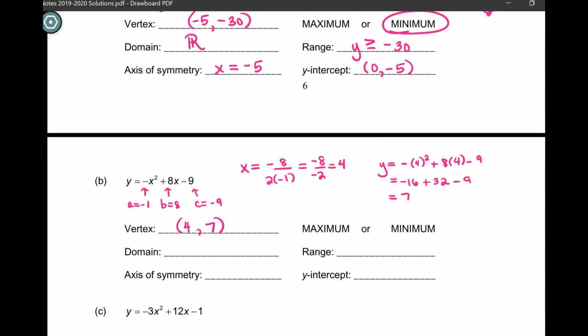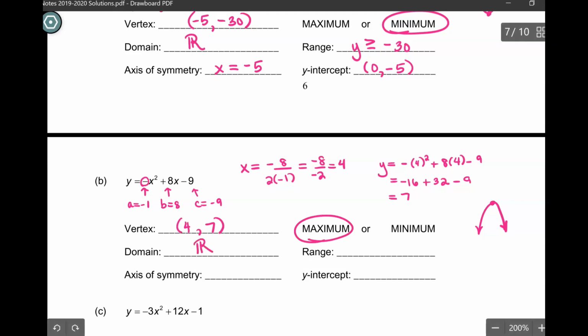Okay, this one has a negative. So I know when it's negative, it's going to be pointing downward, which makes the vertex a maximum. Domain is all reals. The range, it's pointing down, so it's going to be y is less than or equal to what value?